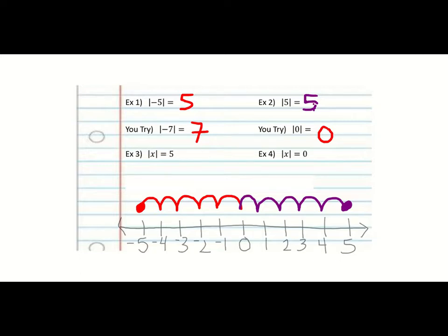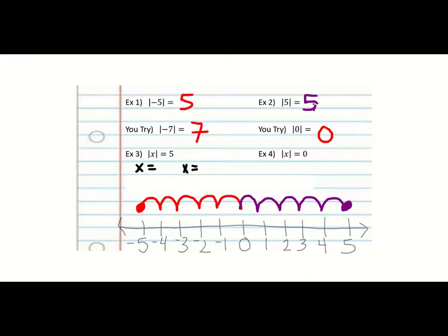What I do to solve these problems when it says the absolute value of x equals 5, I always set up 2 x equals. So I make sure I get 2 answers, because both the numbers to the left and to the right of the number line are the same distance away from 0. So I need to have a positive answer and a negative answer for problems like absolute value of x equals 5.